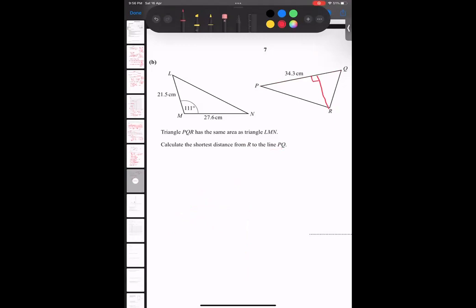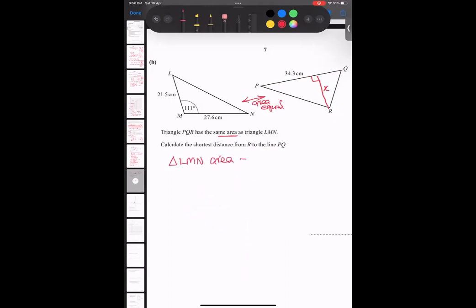Okay, let's try to complete the question. The shortest distance is the target, so this is my unknown x, but both triangles have the same area. So let's find the first area. What is the area of the first triangle, triangle LMN?